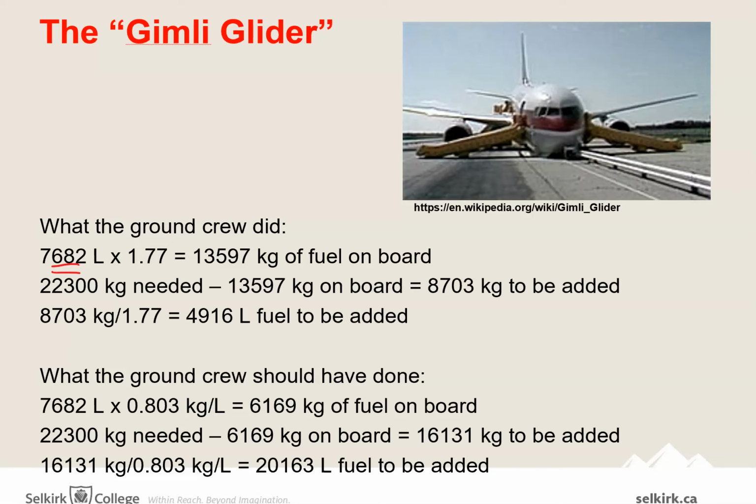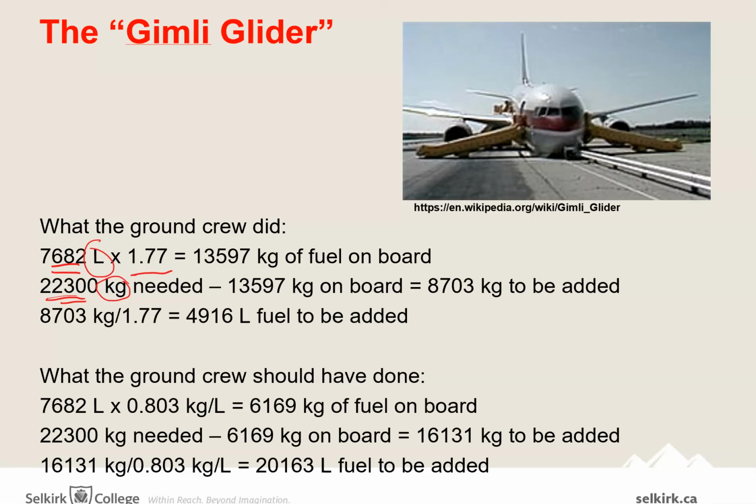What they knew were how many kilograms they needed to go that whole distance. So they knew they needed this many kilograms in total. So they needed to convert from liters to kilograms, and one of the guys yelled to the other guy, "What's the conversion factor?" And somebody yelled back 1.77, but didn't put any units on it.